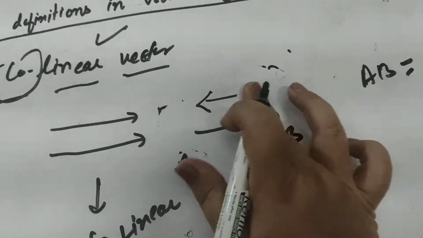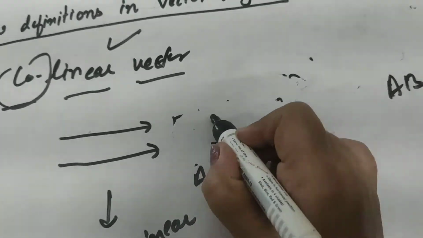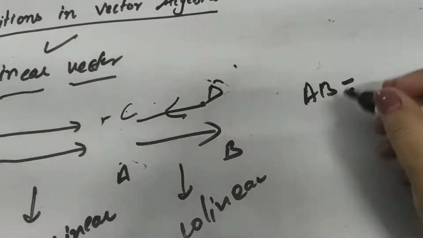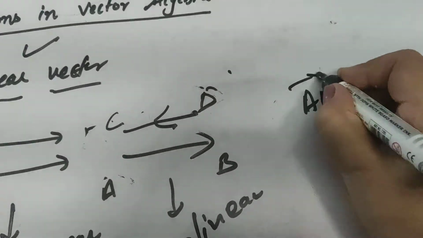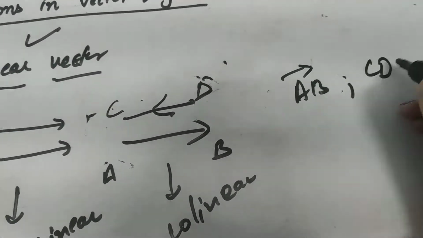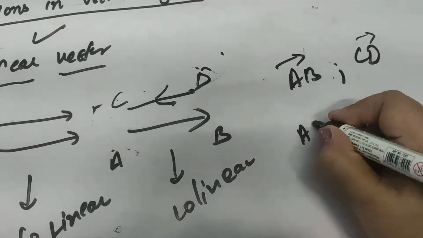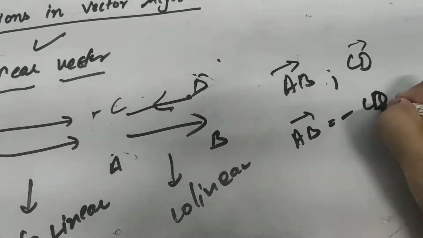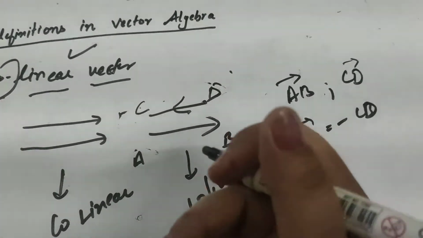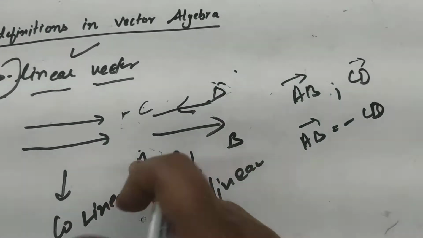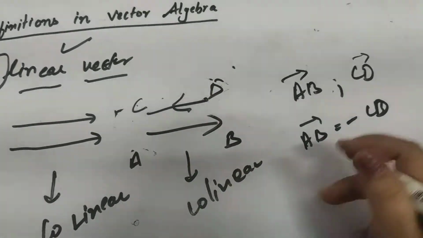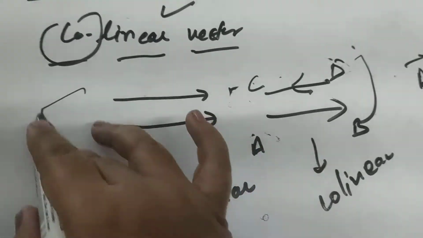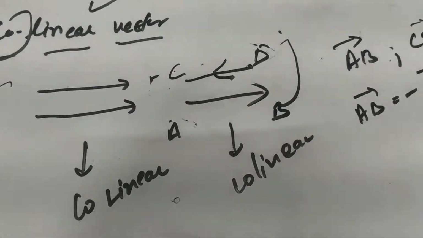Here if I give the name CD like this, AB is collinear to CD, but AB is negative of CD, right? AB is in this direction and CD is in that direction. Actually this is DC, so AB vector is negative, but both of them are collinear, acting along the same line.